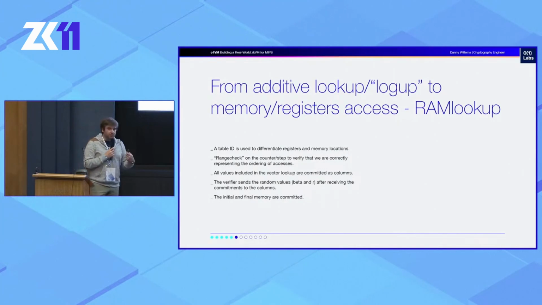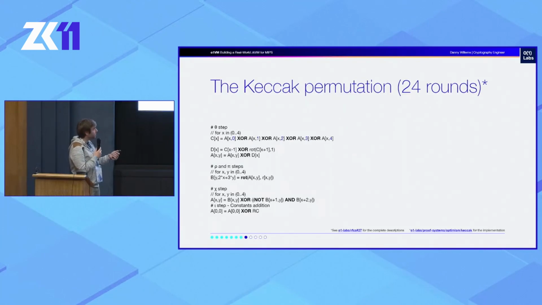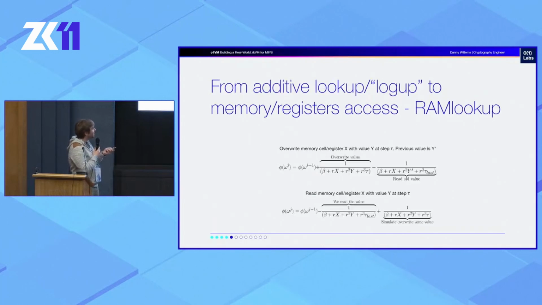So how do we differentiate registers and memory? We use a table ID in the vector lookup. So we add the table ID in the vector lookup. So R is a random combiner that you use.